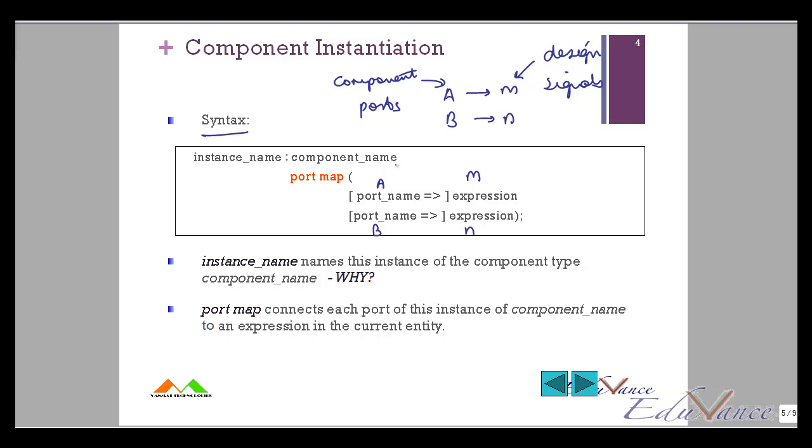Now every time I decide to call on a component, so for example in our previous example we had the component X, every time I call on X, I would write X here, but I also have to specify an instance name. So let me call this X underscore 1. Then the next time I would do this same method again, I would say X underscore 2, the component name would be X, then I would write port map, and then I would write the procedure.